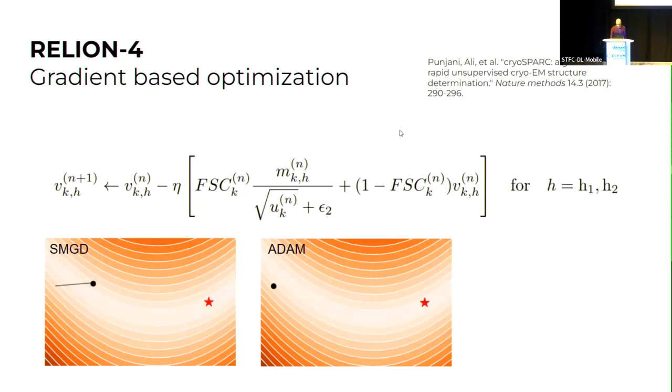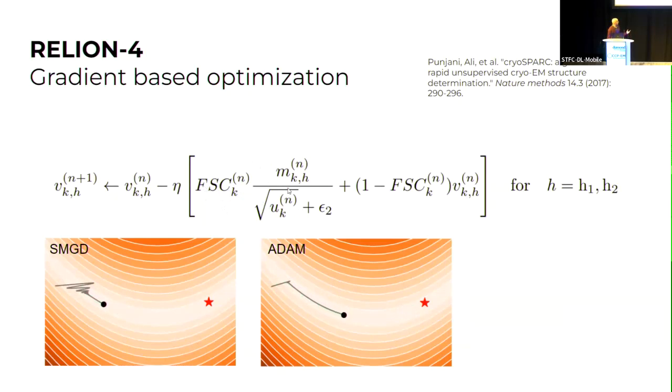But in the RELION 4 paper, we presented a new algorithm based on what is known as the variable metric approach, where we basically determine the shape of the update formula that I show here. And I promise this will be the only equation I'm going to be showing. It's a pretty neat formula that incorporates the FSC.